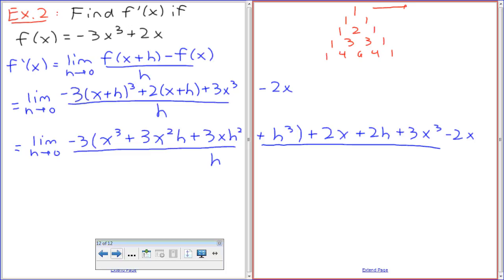If you're taking something to the power 3, like in this case, the coefficients are going to go 1, 3, 3, 1. And you just count down. x is x cubed, x squared, x to the 1, and then x to the 0. The h's go h to the 0, h to the 1, h squared, h cubed.